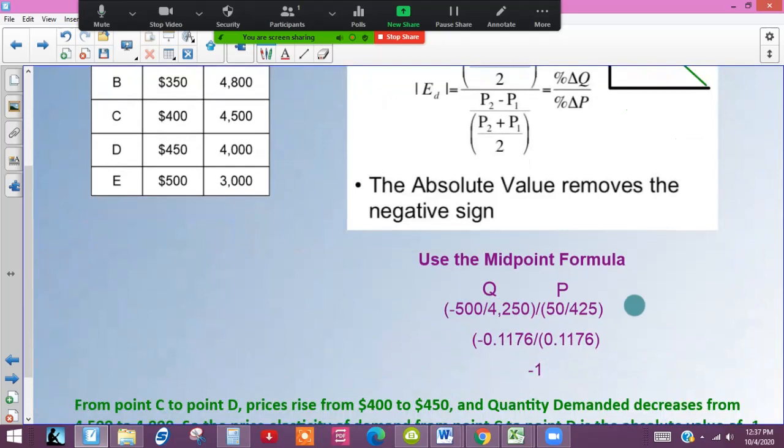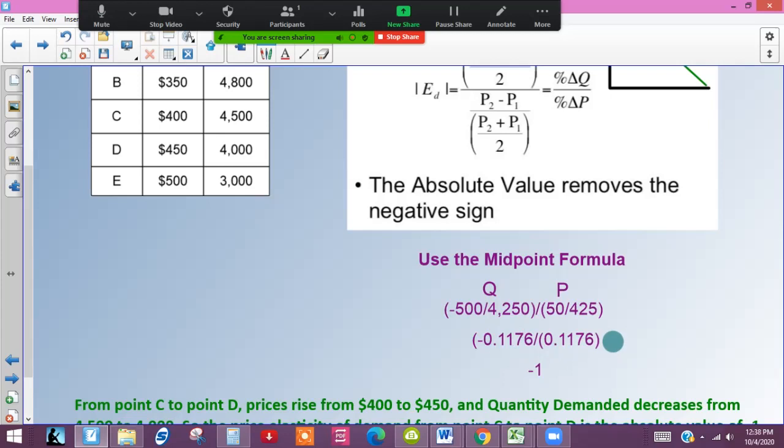And when we do our math, we see that the absolute values of the percentage changes are the same. The quantity percentage change decreases by exactly the same amount as the positive percentage increase in price.